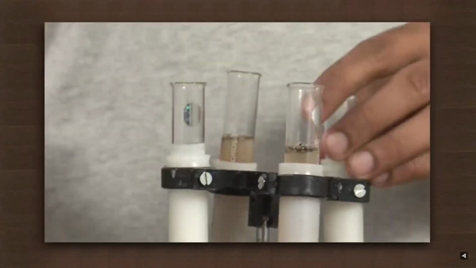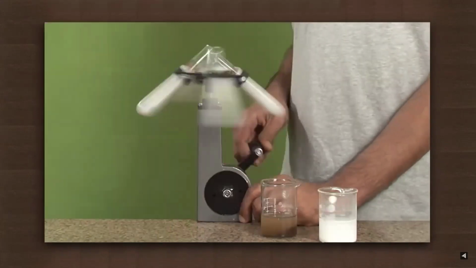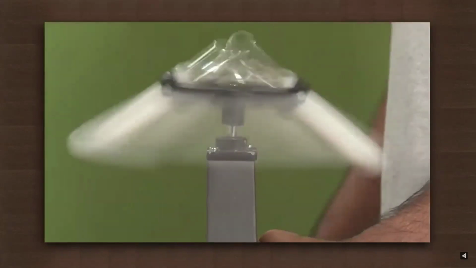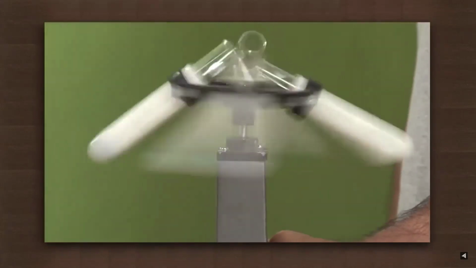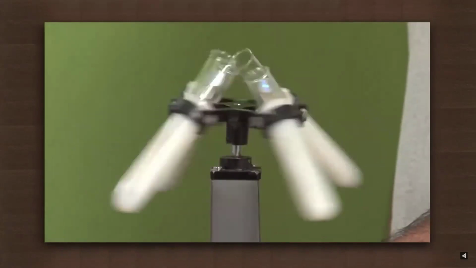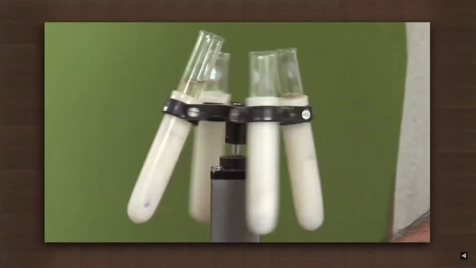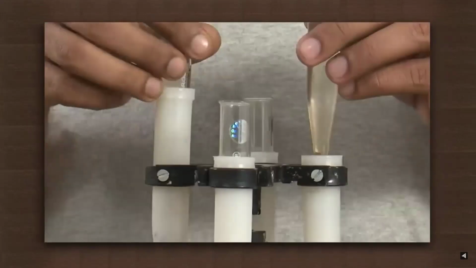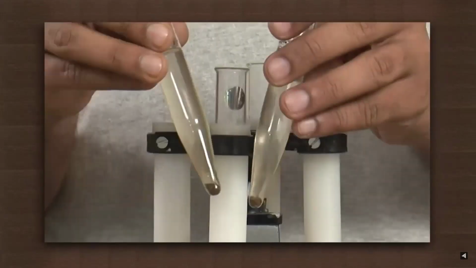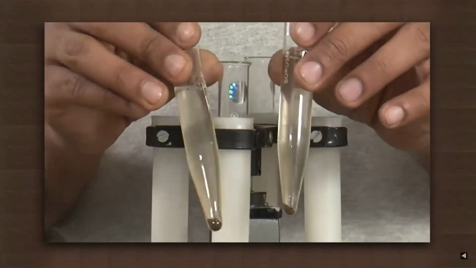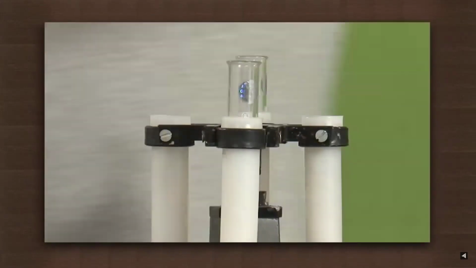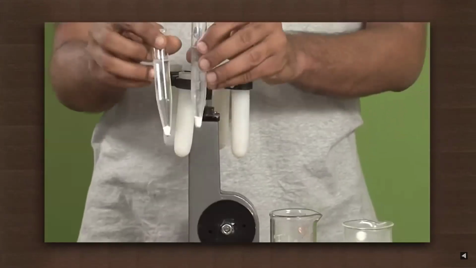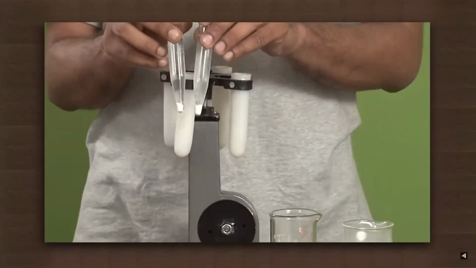Rotate the machines fast for few minutes. Stop rotating. Remove the test tubes and observe. We see mud particles and white precipitate have settled in each of the test tubes. This is the process of centrifugation.